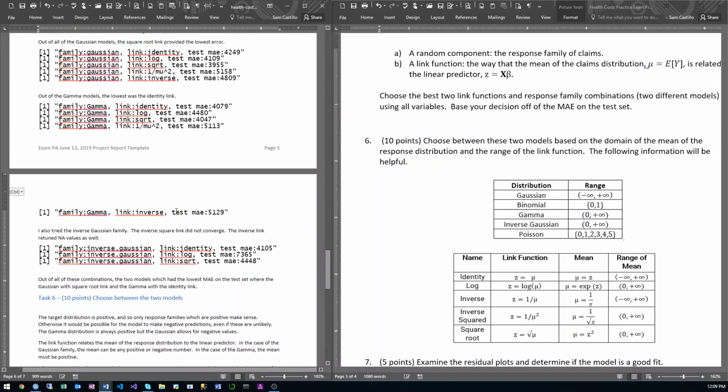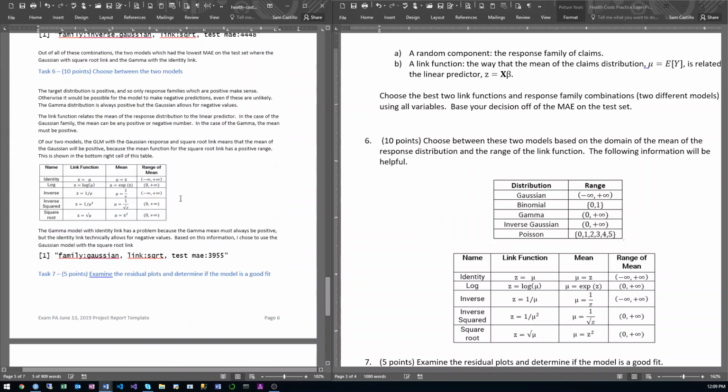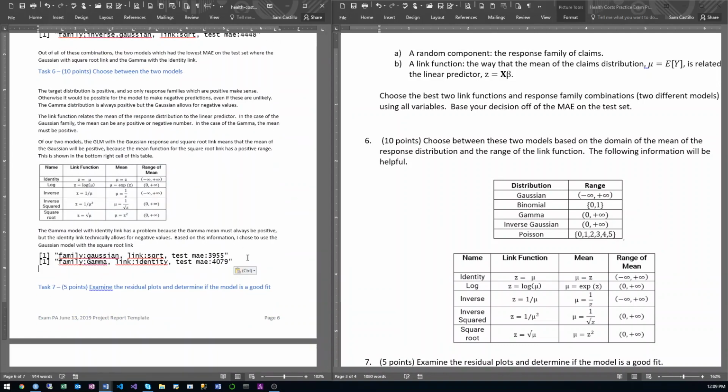Here is the gamma model with the identity link. Right? This actually has a lower MAE too. In addition, this has lower MAE on the test set.